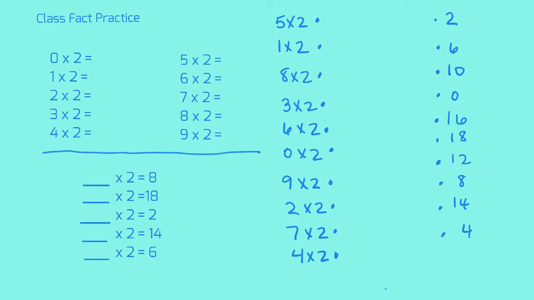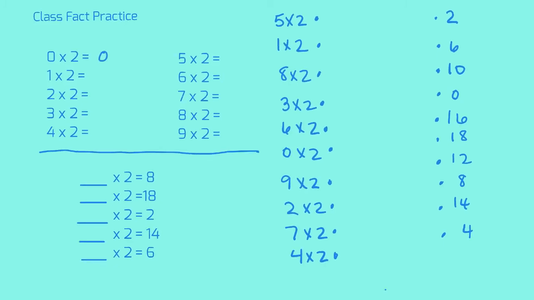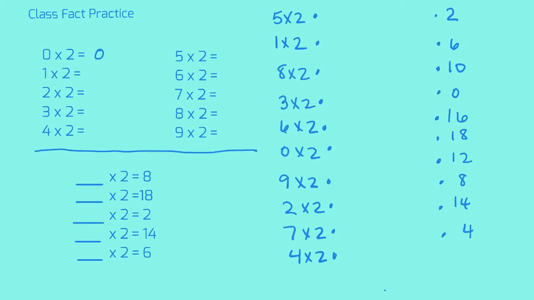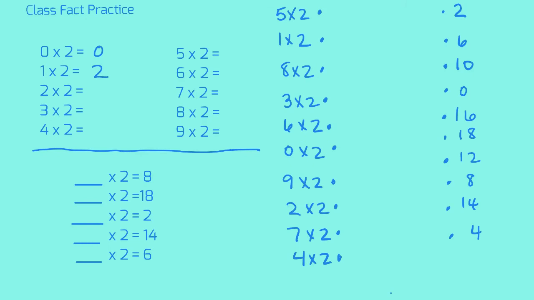All right, get ready. 0 times 2 equals 0. 1 times 2 equals 2. 2 times 2 equals 4. 3 times 2 equals 6. 4 times 2 equals 8. 5 times 2 equals 10. 6 times 2 equals 12. 7 times 2 equals 14. 8 times 2 equals 16. 9 times 2 equals 18. Good.